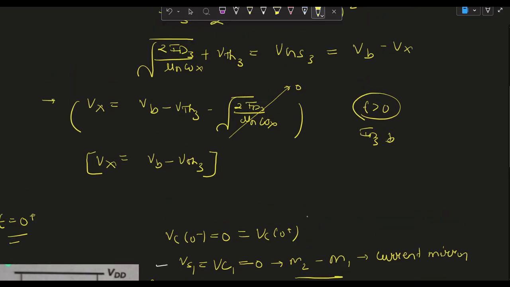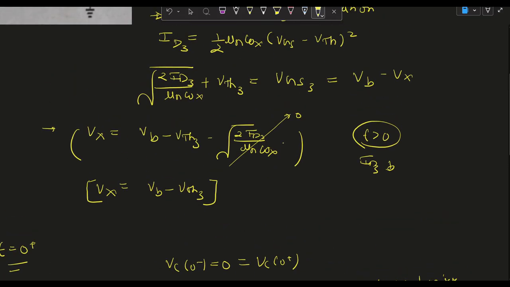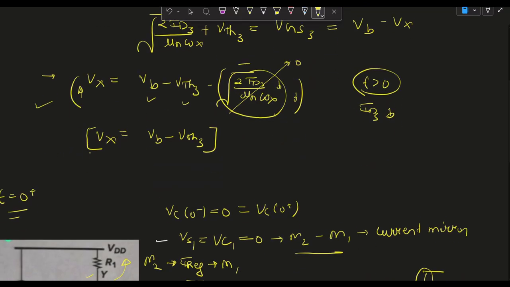Due to this, as the equation states, as ID3 decreases, this whole component will decrease and become smaller and smaller. As this is constant and this is constant, Vx will increase as this component decreases, since it is under the root as well. So my point is, as ID3 decreases, Vx will increase. This is the conclusion for this analysis.